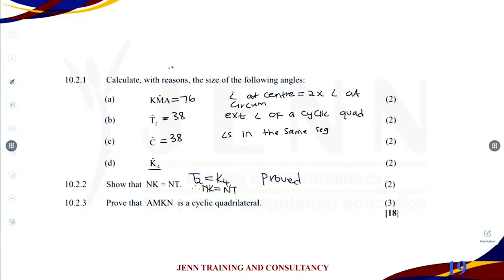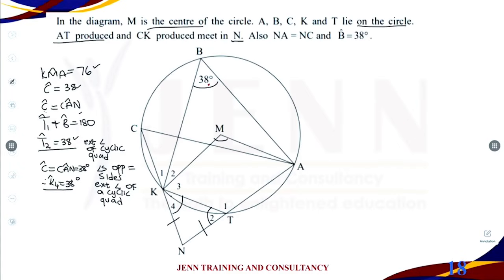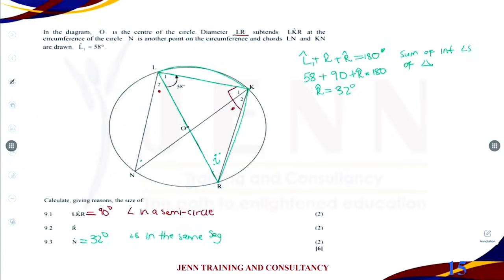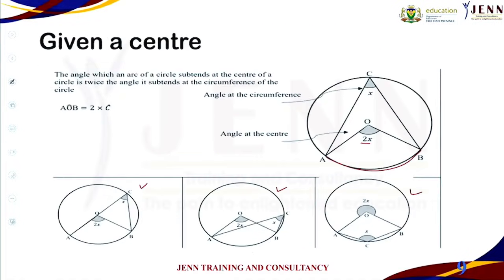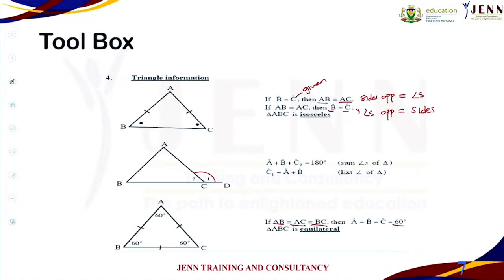And then the reason for that, remember our isosceles. Let us go back to the toolbox to remind ourselves. I did mention that if you have angle B equal to angle C, then we can conclude that AB is equal to AC, and the reason for that would be: sides opposite equal angles.